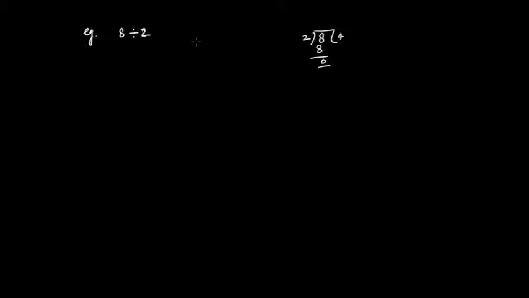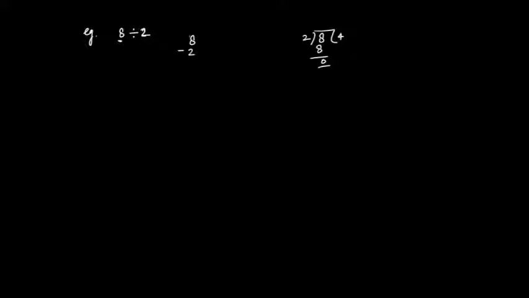Suppose it's 8 divided by 2: you take 8 minus 2, and you go on subtracting that particular number till you get 0.